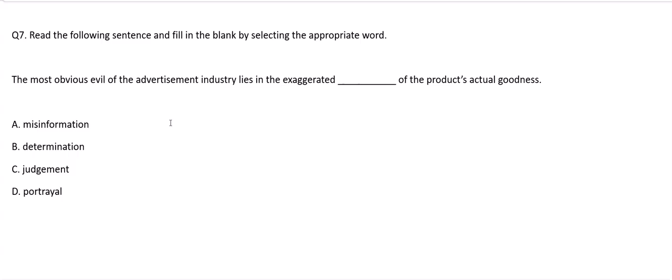What is the drawback is misleading information. Through advertisement, they are exaggerating misleading information about the product's actual goodness. Hence the option that goes in this blank is option A, misinformation.